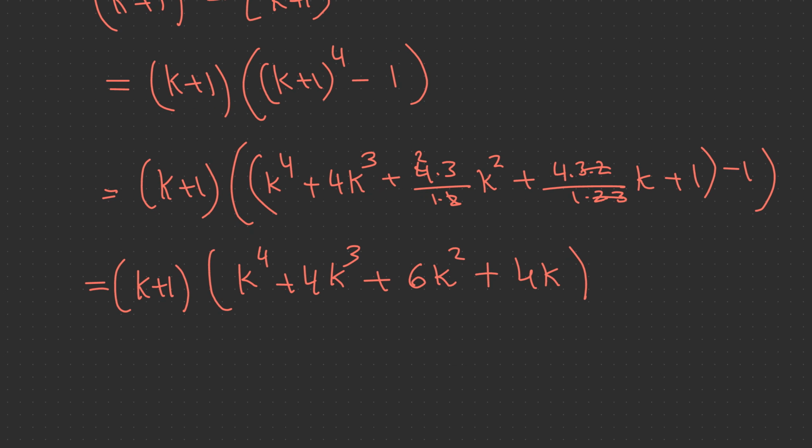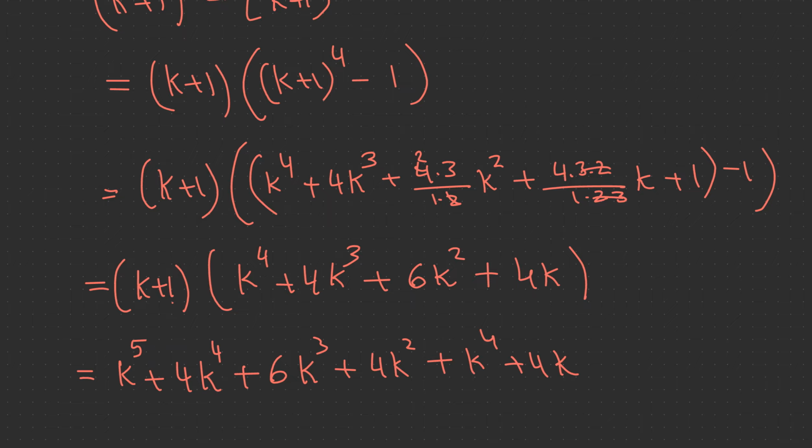So we now multiply it out, so that we get k to the power 5 plus 4k to the power 4 plus 6k cube plus 4k square, plus multiplying by 1, so k to the power 4 plus 4k cube plus 6k square plus 4k.